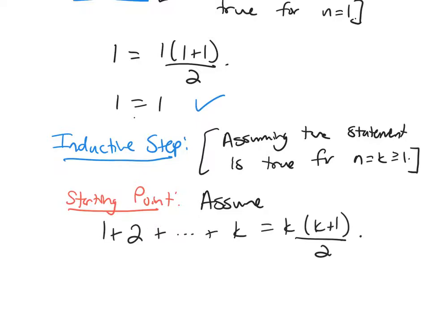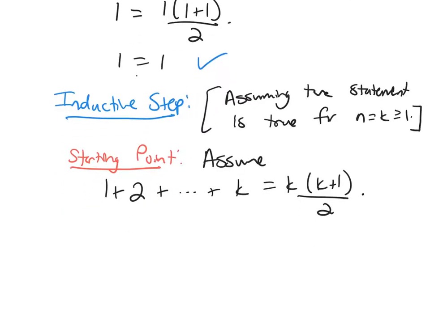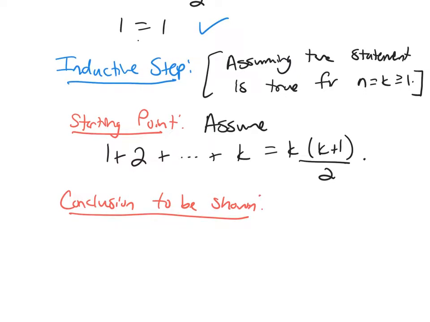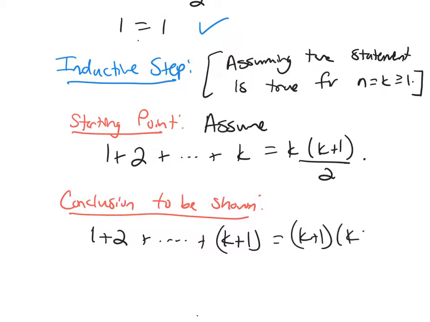And then, what conclusion are you trying to reach? Conclusion to be shown. You need to show that the formula is true for k plus 1. So 1 + 2 + ... + (k+1) equals (k+1)((k+1)+1) over 2, or (k+1)(k+2) over 2.